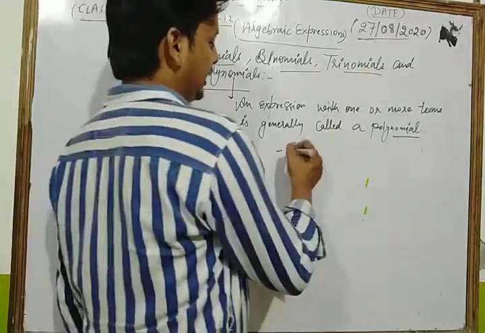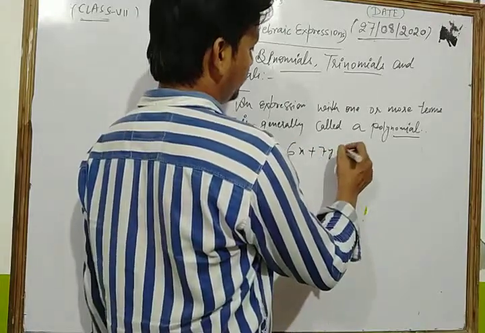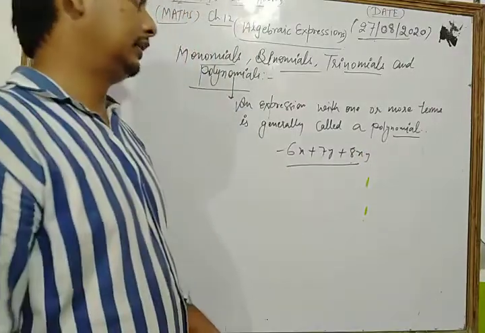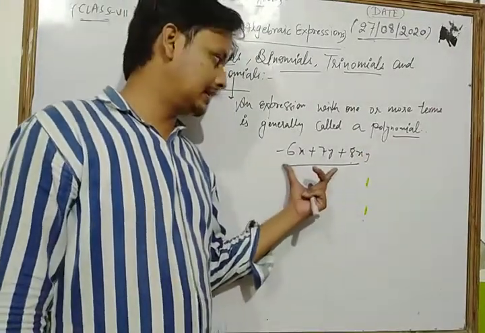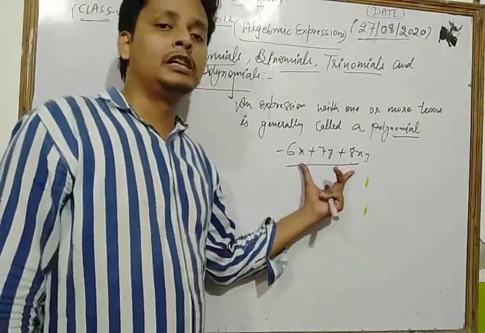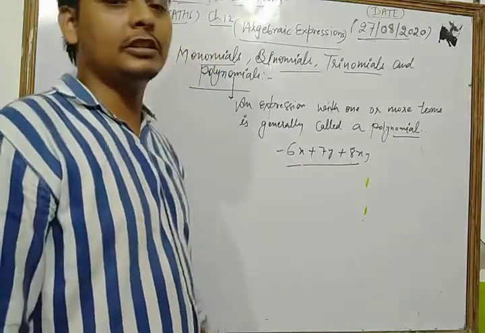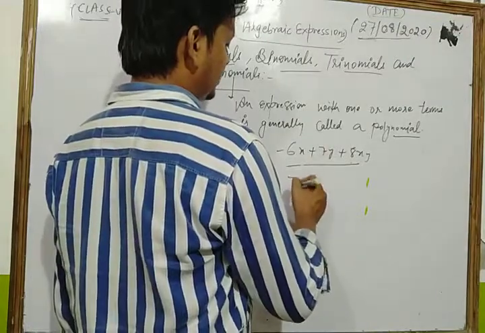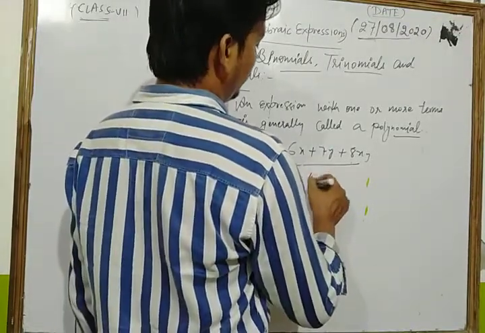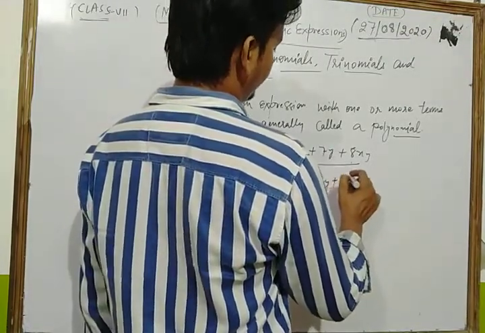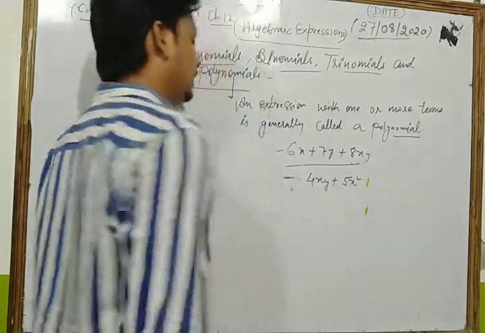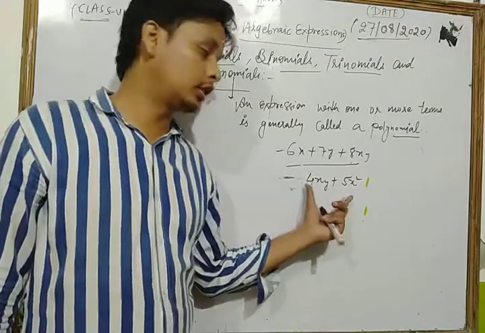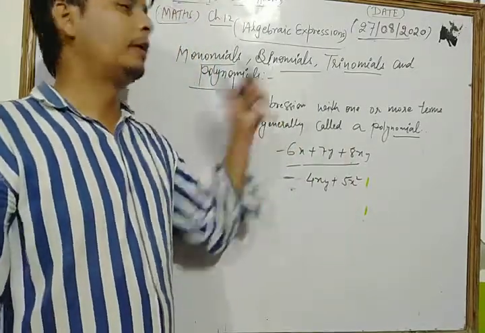Like that, if we write minus 6x plus 7y plus 8xy, this is a trinomial, because that algebraic expression contains three unlike terms. If an expression is written as 4xy plus 5x square, this algebraic expression contains two unlike terms, so it is said to be a binomial.